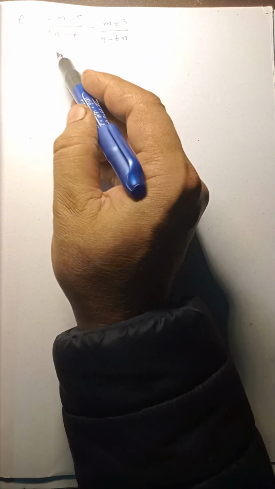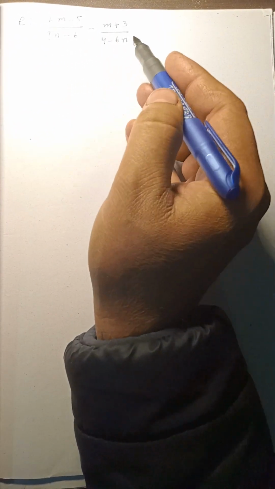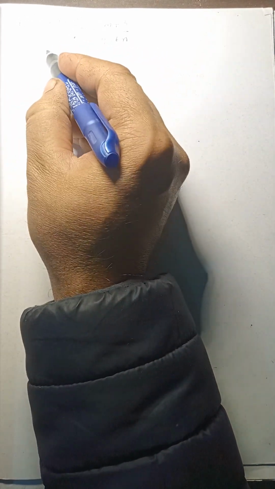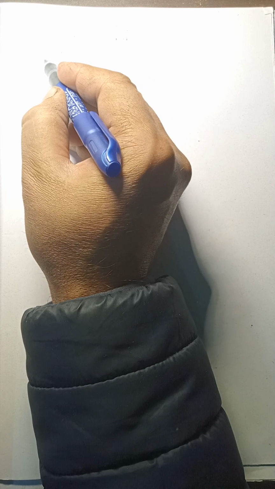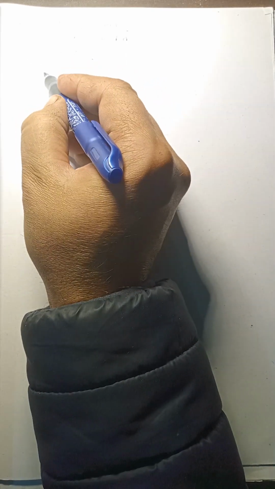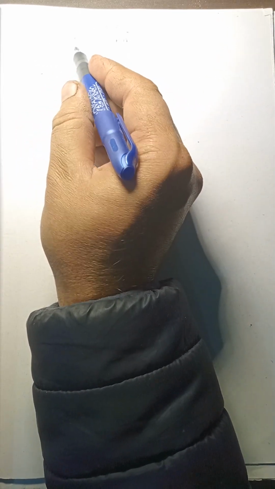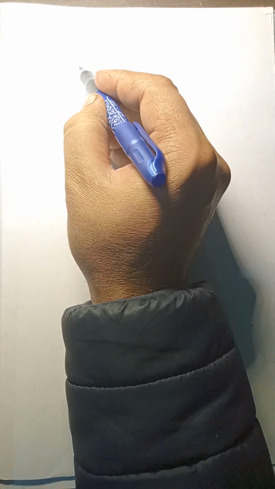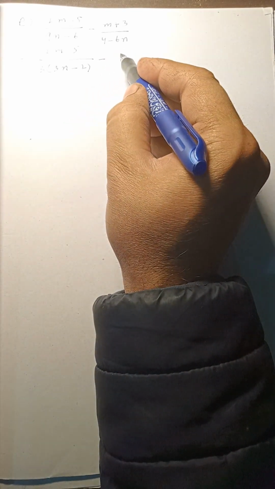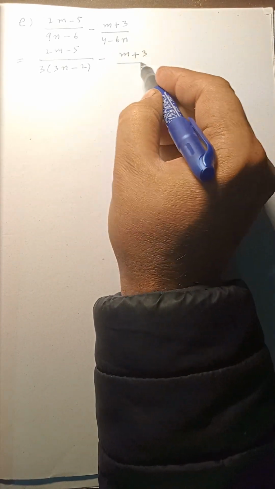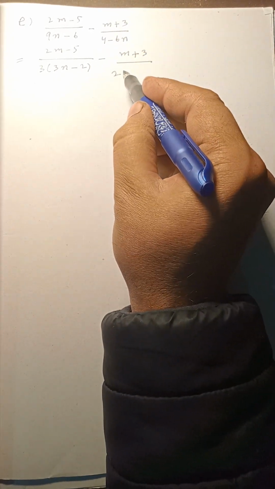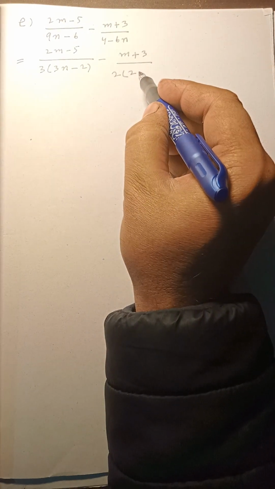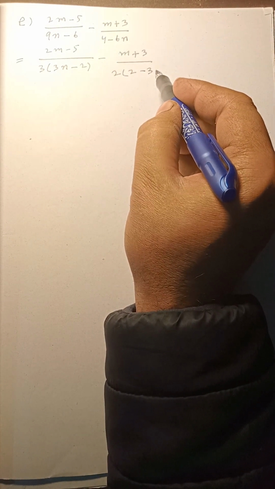See here, in the E part, you see the denominator 9n and minus 6 need to be simplified, and 4 minus 6n also needs to be simplified, so I am going to simplify the denominator so that we can take common. 3 can be taken as common from 9n and minus 6, 3 3s are 9, 3n, and 3 2s are 6, 2 here. Take 2 as common, 2 1s are 2, 2 2s are 4, sorry, minus 2 3s are 6.